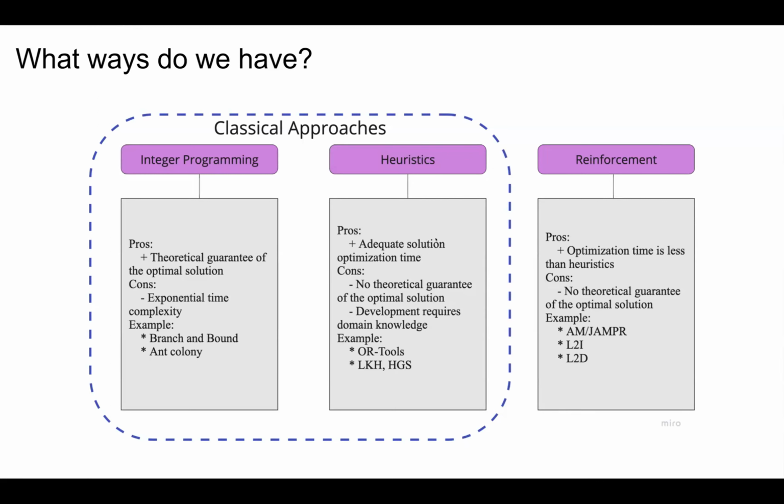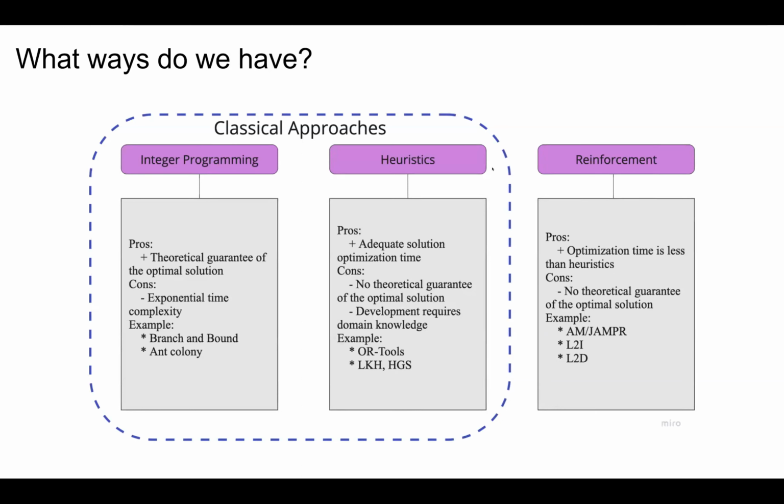The second classical approach is heuristics. Here we have a reasonable time to solve the problem, but of course no theoretical guarantee of getting an optimal solution. And heuristics require domain knowledge, which leads to a large time to develop new ones, and the problem of developing heuristics for new restrictions and new problems.